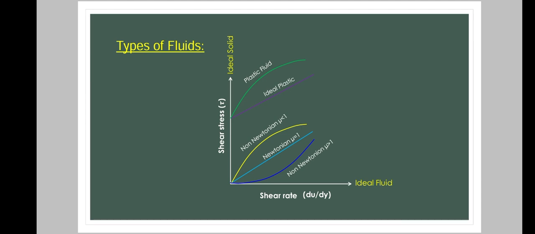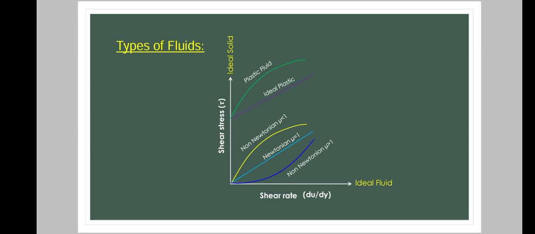These are the types of fluids which are based on shear rate and shear stress. For our x-axis it will be an ideal fluid, for our y-axis it will be an ideal solid. By understanding the curves, we will see that from 0 to some peak value, it will be a Newtonian fluid, and above and below that value, it will be non-Newtonian fluids.